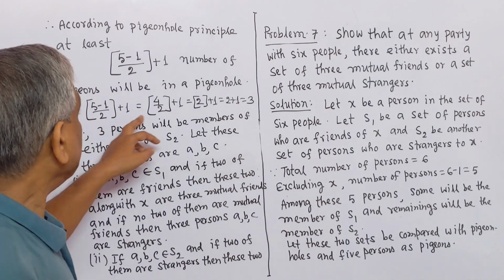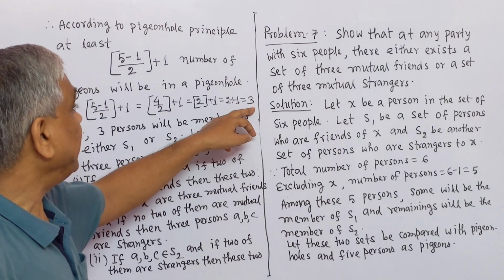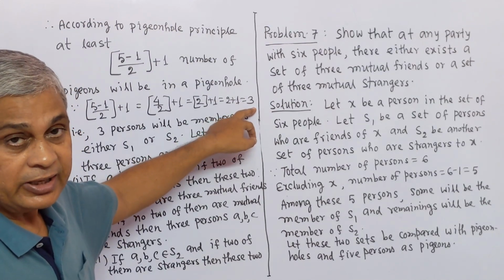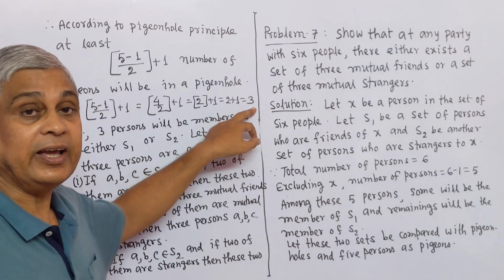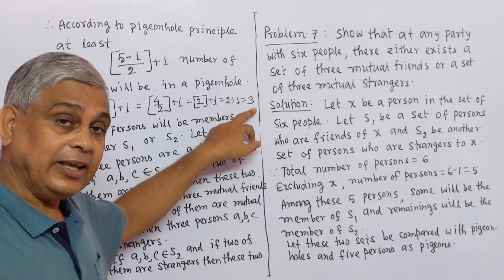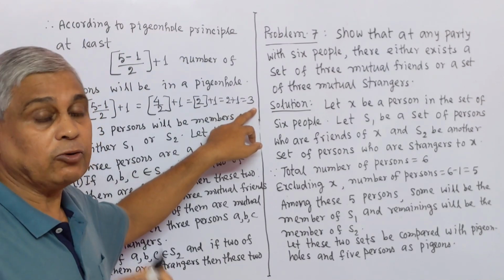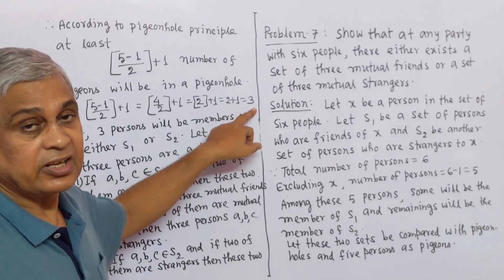If we calculate this, we get 3 number of pigeons will lie in a pigeonhole. Here pigeonholes are S1 and S2. Here either in S1 there will be 3 persons or in S2 there will be 3 persons.